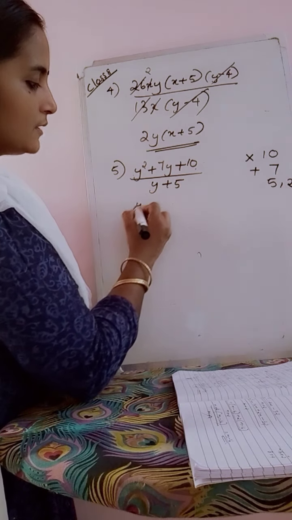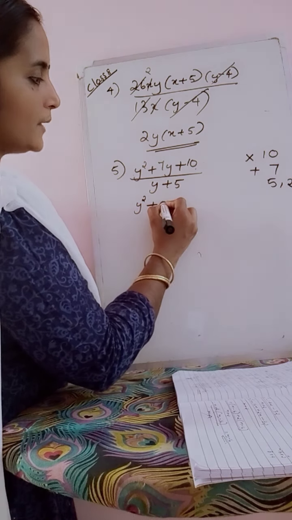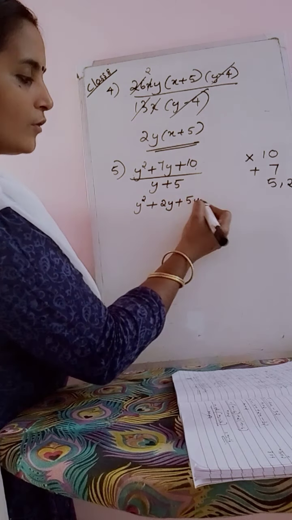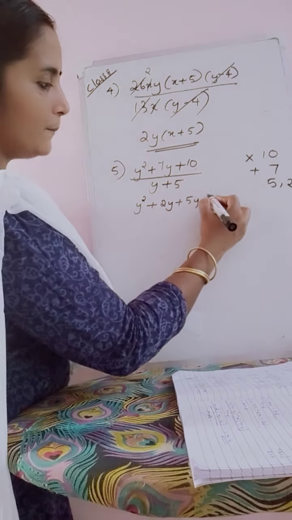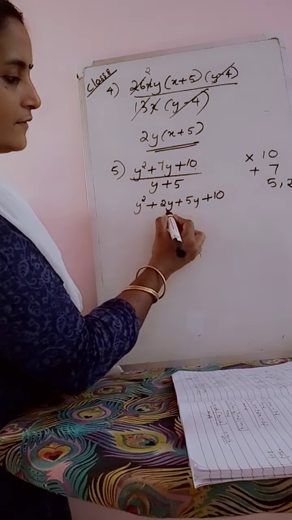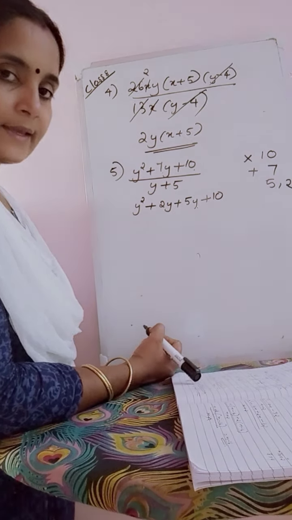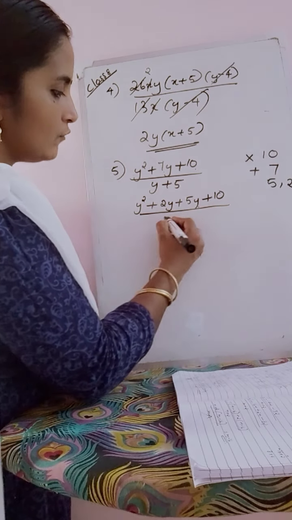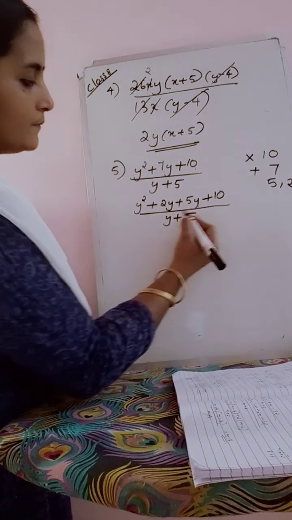So, using these two numbers, you split the middle term: 2y plus 5y or 5y plus 2y plus 10. Instead of 7y, what do we write? 2y plus 5y, by y plus 5.